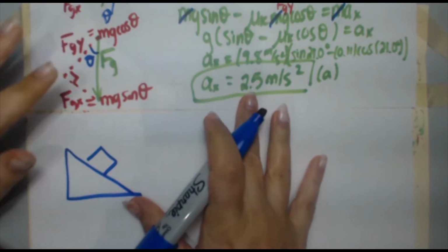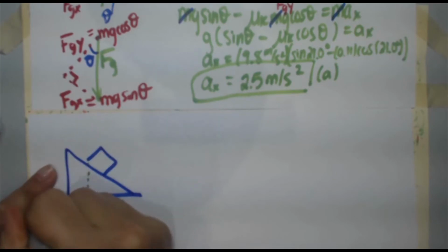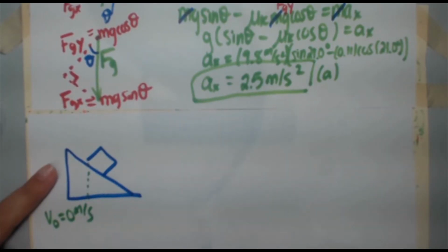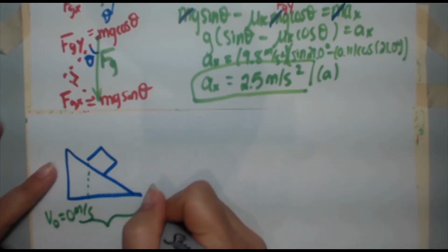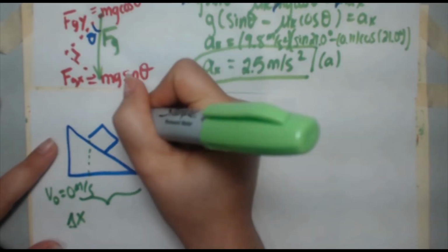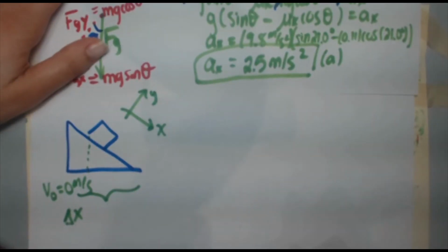It starts up here at v naught equals 0 meters per second, it's not moving. Then we know that it's traveling 9.25 meters till it gets to the base, and that's going in the x direction because we defined x to be down the incline and y to be perpendicular to the incline.